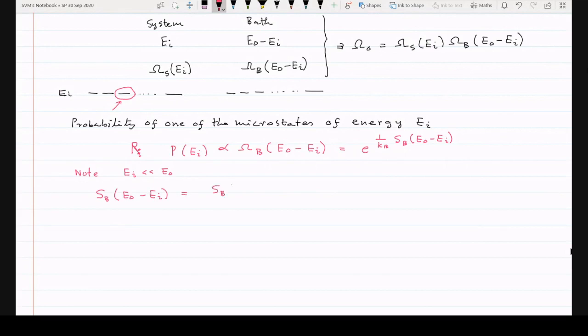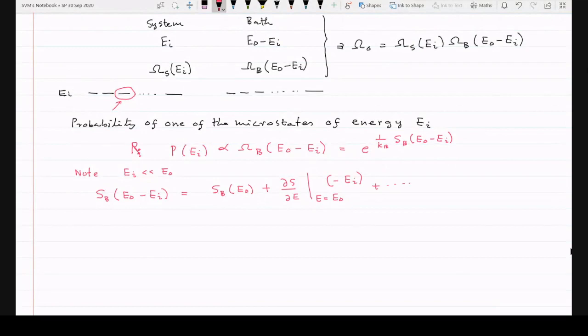So this is SB at E0 plus dou S by dou E evaluated at E equal to E0 into minus EI, and so on.